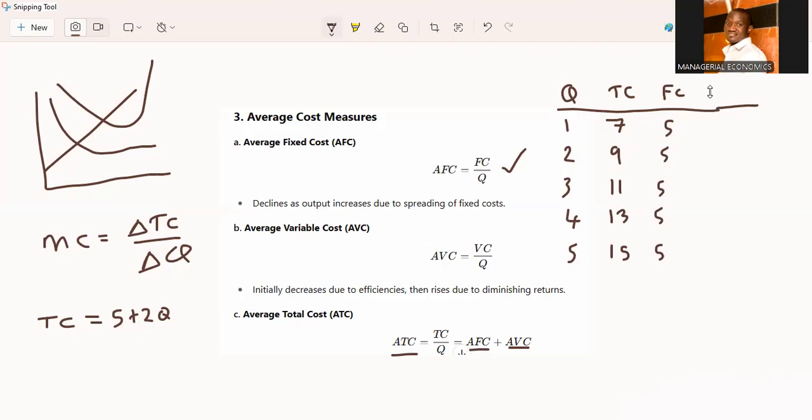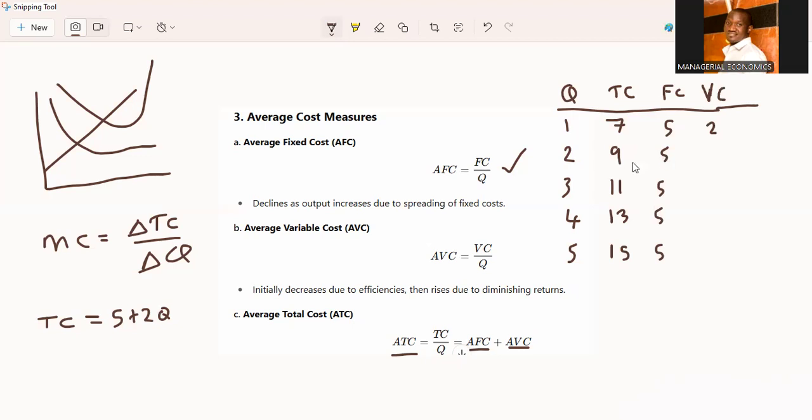What is our variable cost? We know that when you add variable cost plus fixed cost, we get the total cost. So it is 2. 2 plus 5 is 7. Here is a variable cost.